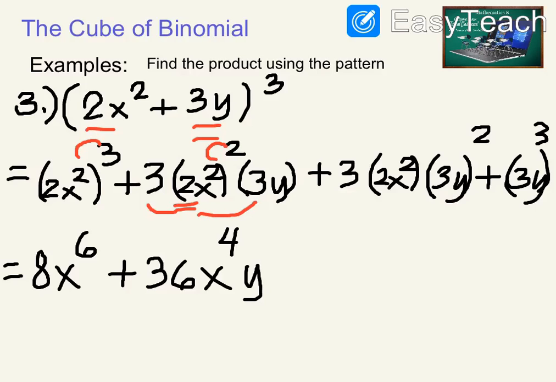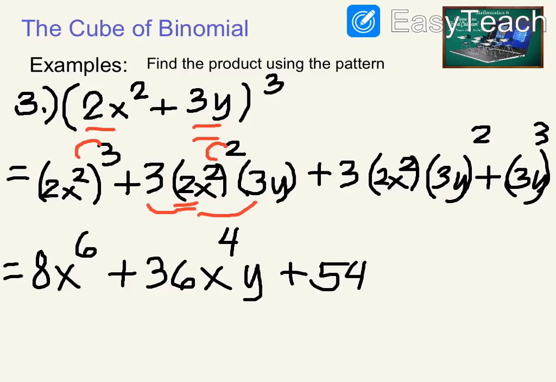Okay, next is plus, we have here the 3 times 3 is 9. 9 times 2 is 18. And 18 times 3 is how many? 54. Correct. So we have here 54.